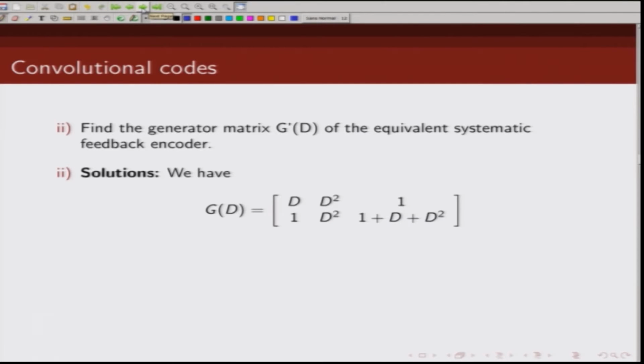Now, this was a non-systematic encoder. Can we find an equivalent systematic encoder or systematic encoding matrix for this generator matrix? The answer is yes. So, how do we find a systematic encoding matrix? This has to be put in the form like this, 1 0 0 1 and some matrix here. Let us call it A1(D), A2(D) and B1(D), B2(D).